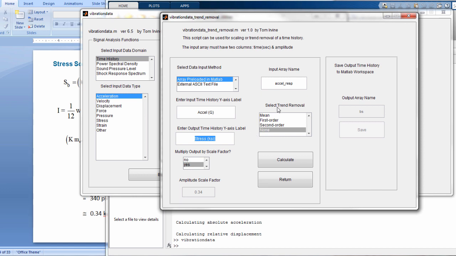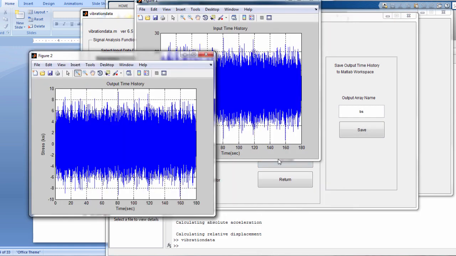We're not going to do any trend removal because the acceleration response signal is already oscillating about the zero baseline. But we will multiply by a scale factor, and that scale factor is going to be 0.34. That will convert acceleration in G to stress in KSI.